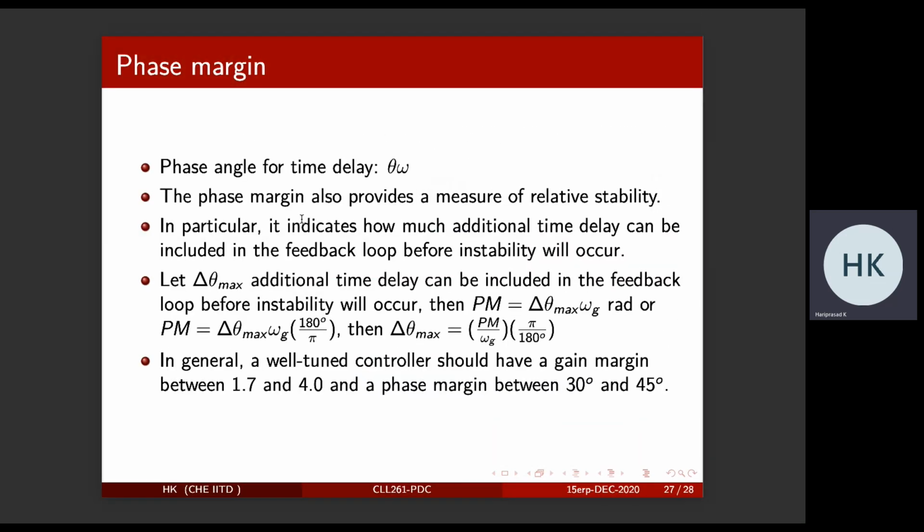Similarly, we can also look at it in terms of phase margin, because they are the margins, right? So your controller should be stabilizing. You should be moving away from the region of instability, so how far that margin is what you need to look at. Look at theta max, the additional time delay that can be included.